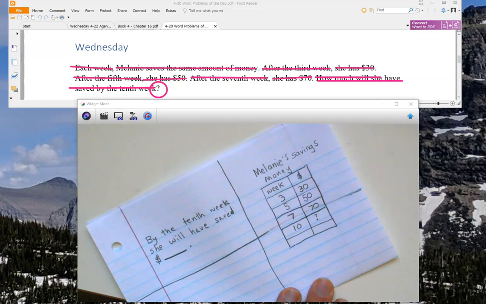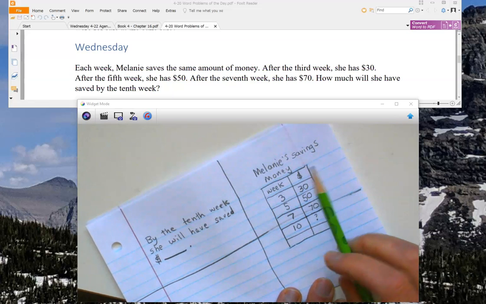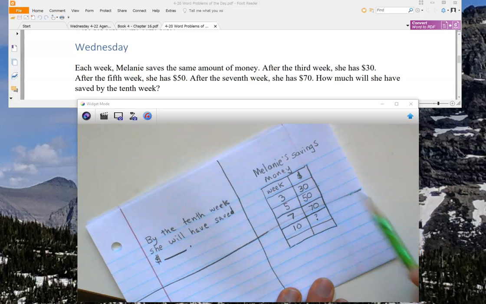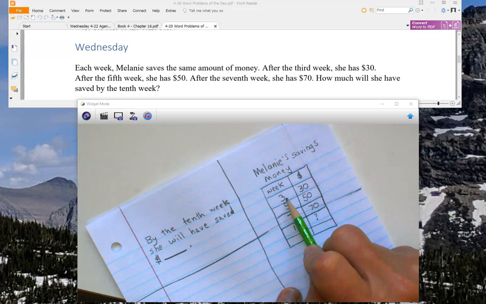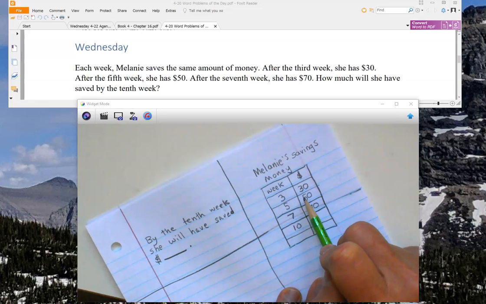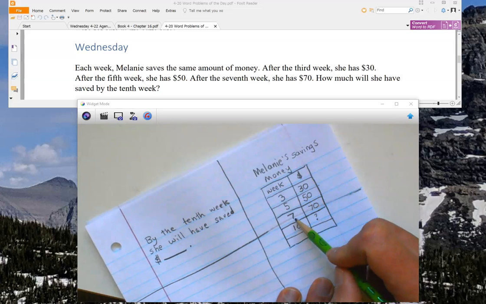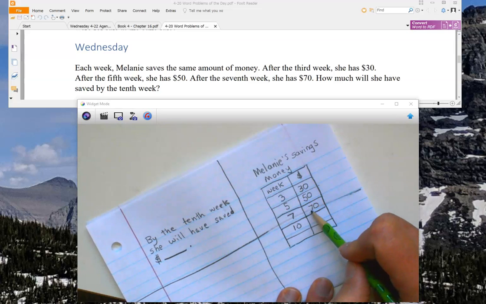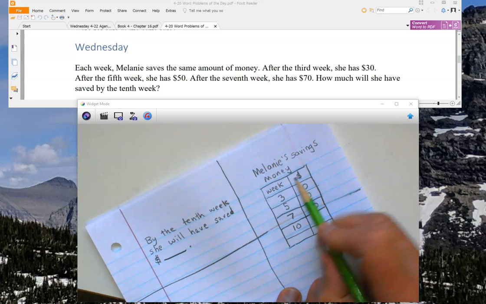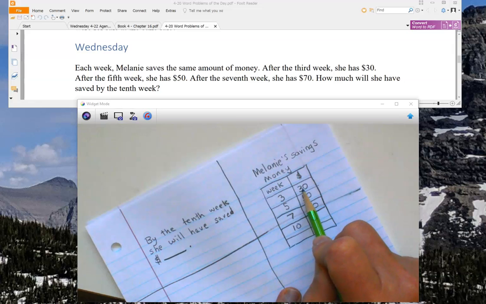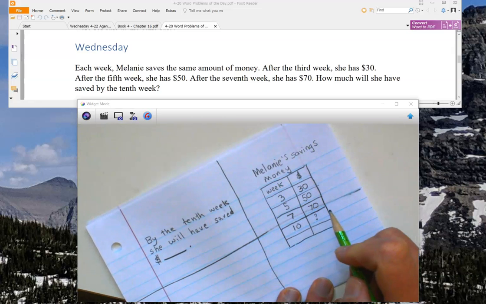Now it's time for me to figure out an expression. I can tell a pretty good idea of what my pattern might be here. It looks like I could add to find the odds. So on the ninth week, she'd add $20 and that would give her 90. But also notice this: 3 times something is 30, 5 times something is 50, and 7 times something is 70.